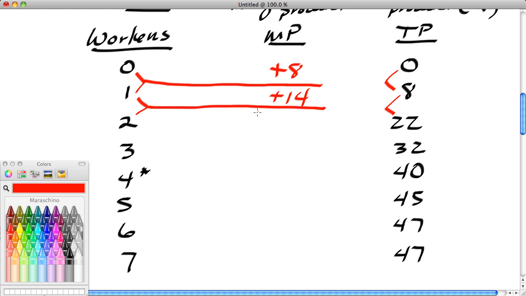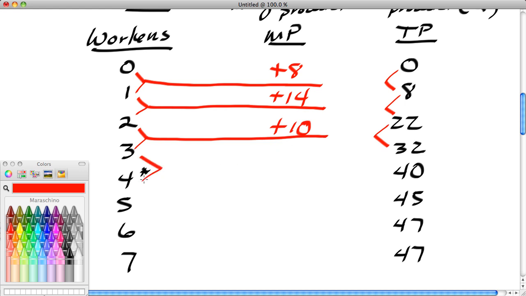There's some efficiency gain when we go from 1 worker to 2, which is increasing the marginal product. Now, when you go from 2 workers to 3 workers, your productivity increases from what? 22 to 32, which means the third worker only adds 10 additional units.